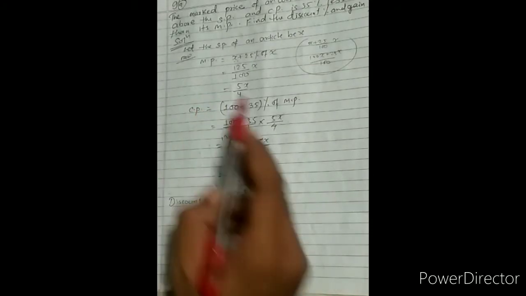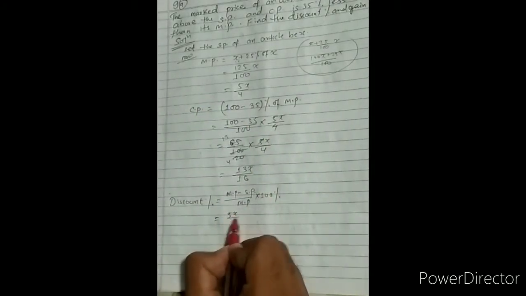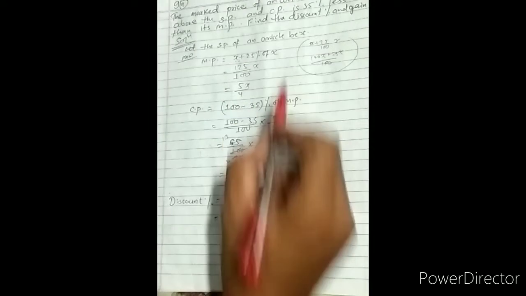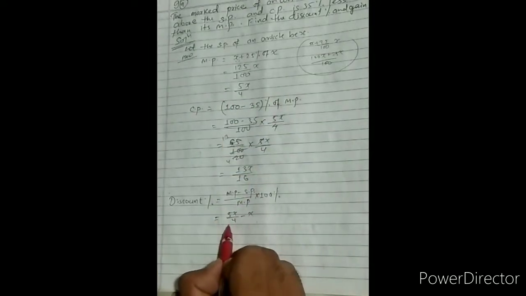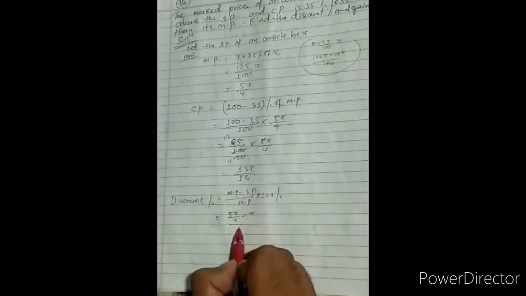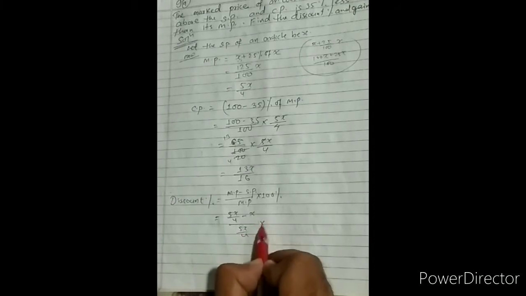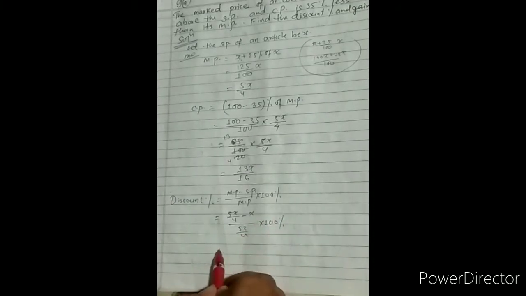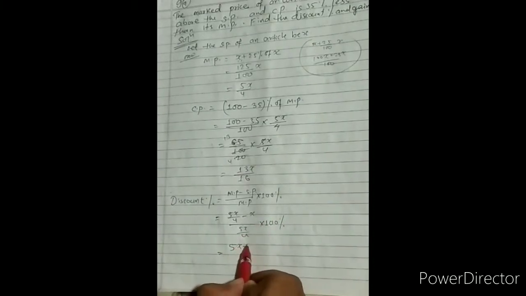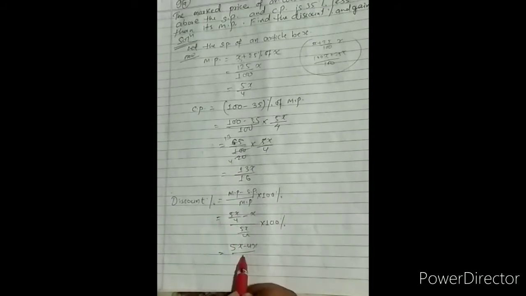Now we have MP is 5x by 4, minus SP is x, divided by MP is 5x by 4, into 100%. 5x minus 4x, we can take LCM, divide by 4.